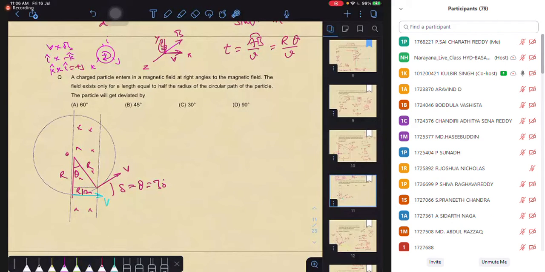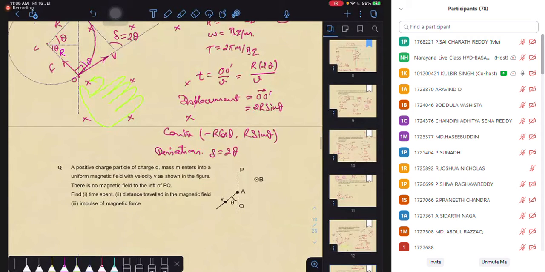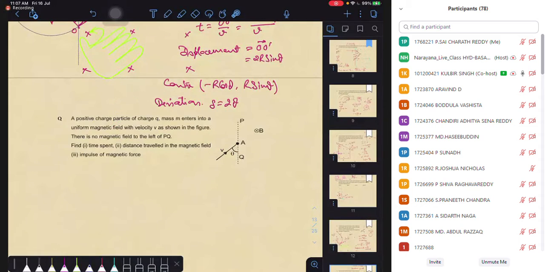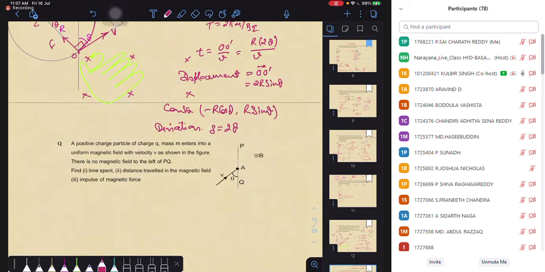All the problems I have discussed are linked. Next question, it is the same one, but it should be a negative charge. You try with the negative charge.